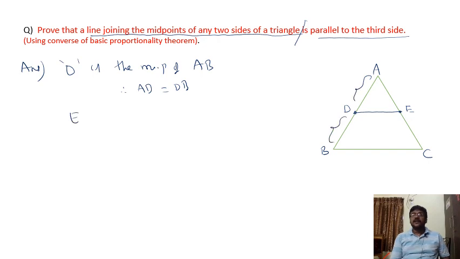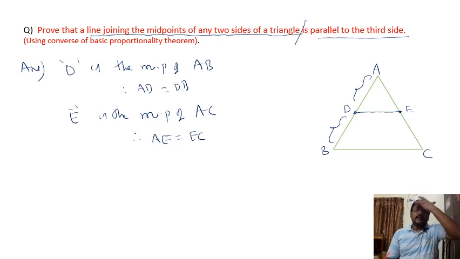In the same way, E is the midpoint of AC. Therefore, AE is equal to EC. Right? Since AD is equal to DB, that implies AD by DB is equal to 1, isn't it? Because both are equal. Since we have the same numerator and denominator, we get 1.